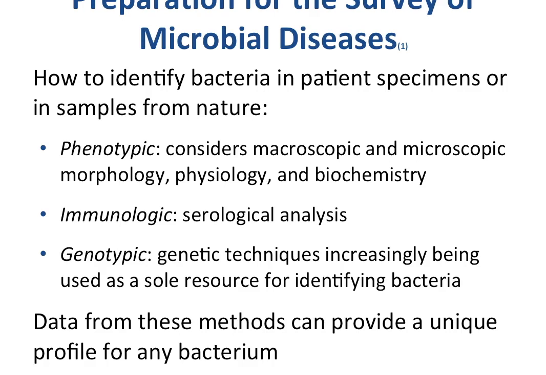So we can use PCR or certain hybridization, such as FISH technology, to detect the DNA or RNA. We will talk about those later on. If we get the data from these three techniques, we can use this data to identify the microorganism.